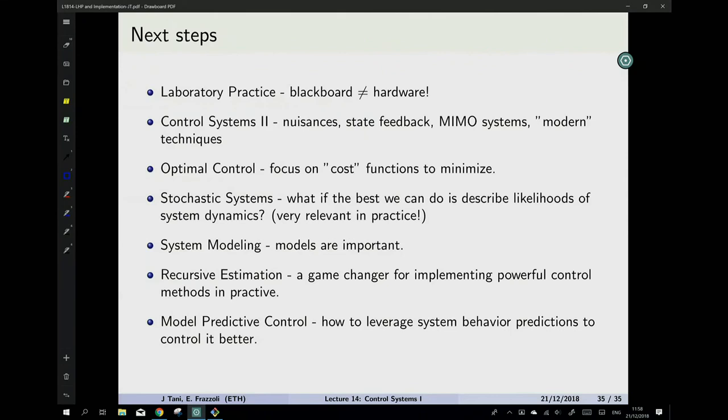And then finally, model predictive control. Model predictive control is something that this school is particularly strong in, with a huge heritage. Some of the biggest players in model predictive control are from ETH. Basically, it's all about how you leverage the knowledge of your model of the system, the prediction of what's going to happen, to control your system better.